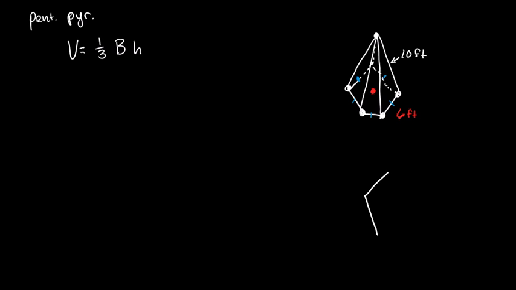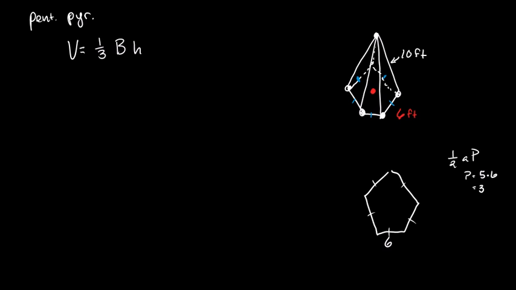So here I have a pentagon, and I have that each side is 6 feet. So this means I'll be using 1/2 the apothem times the perimeter. Okay, so I do know that since it is regular, it does have it marked, that my perimeter is going to equal 5 times.